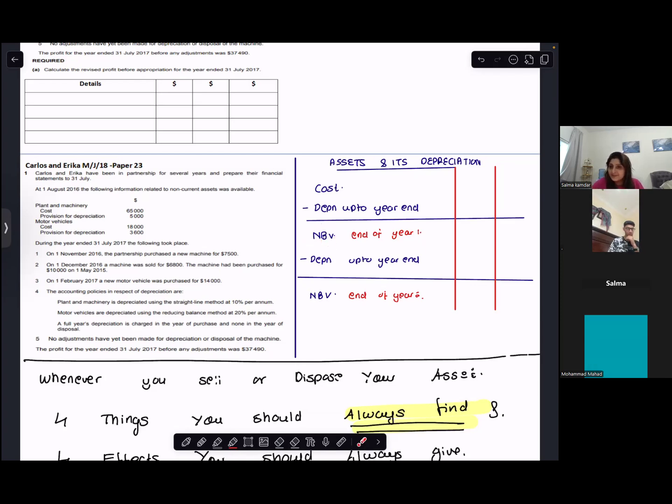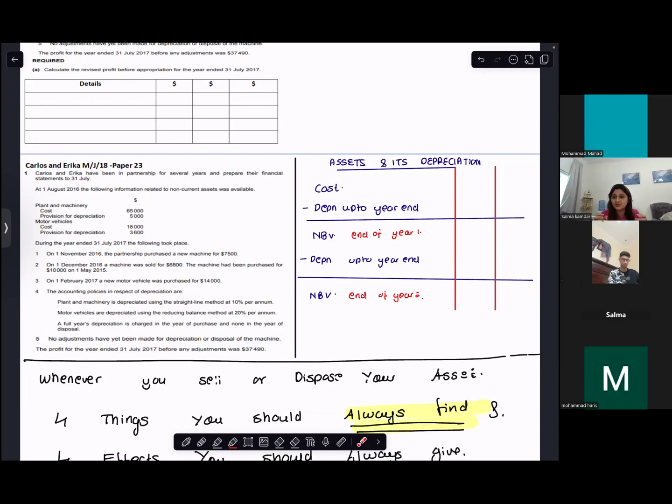Are you with me? There is another concept over here which is called the accumulated depreciation. Accumulated depreciation means depreciation clubbed up. All the depreciation of all the years together, when you combine, you get accumulated depreciation. This is the basic thing which you have done in IGCSE.